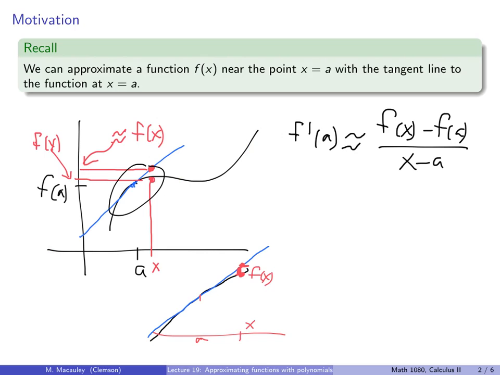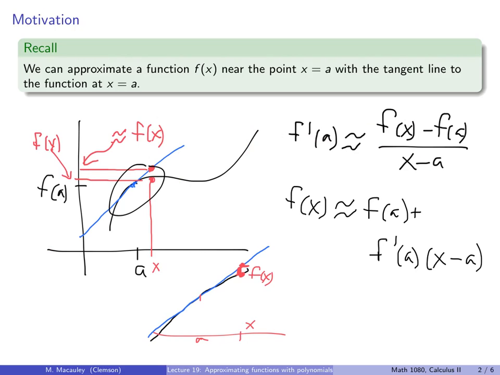Okay, so we conclude from this equation that we can solve for f of x, and we can say that f of x is approximately equal to f of a plus f prime of a times x minus a.